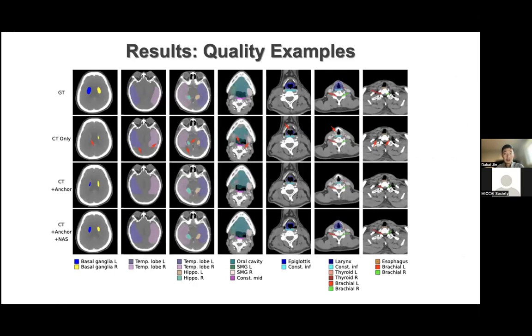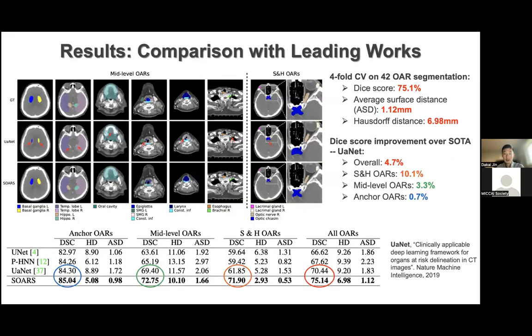Here are some qualitative examples. And there's also a comparison with a previous leading approach called UaNet, which was published in Nature Machine Intelligence in 2019. They demonstrated almost a 5% absolute Dice improvement, and close to 40% average surface distance reduction.